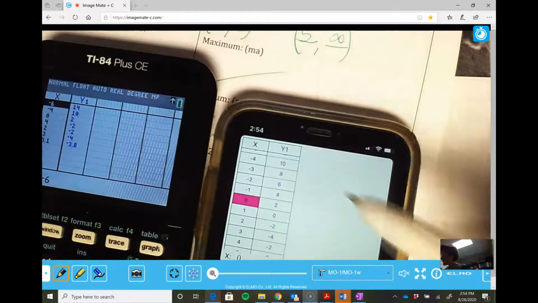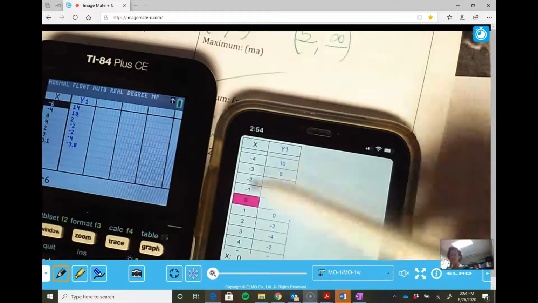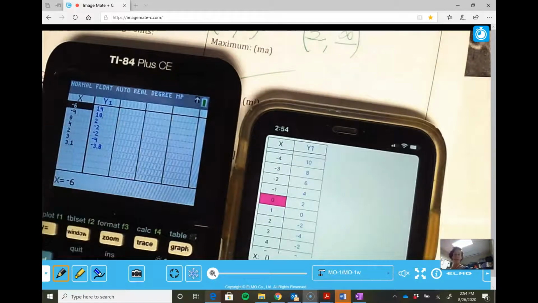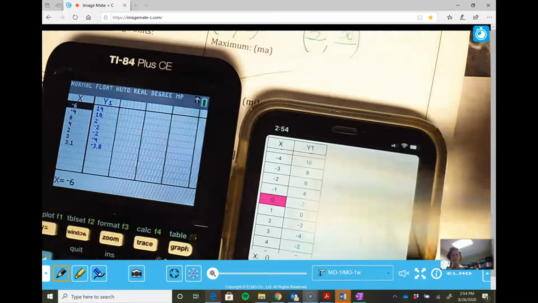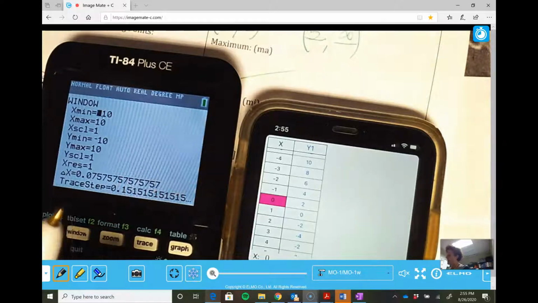So if I do second table here, my x's are from -4, -3, -2, -1. So this is in a different setting than this. So if your x screen is not filled all the way like this one is, I need for you to do this. What you want to do is hit second and window, and we're going to go to our table setup.